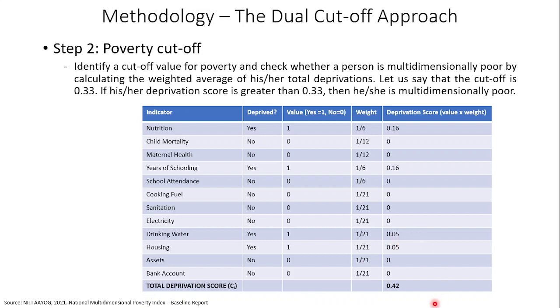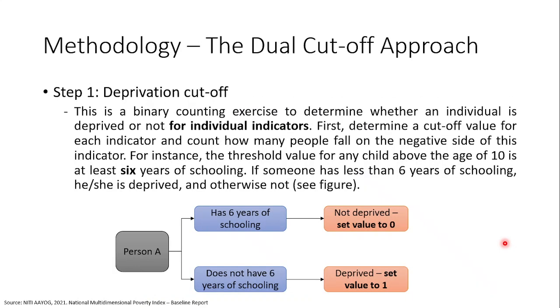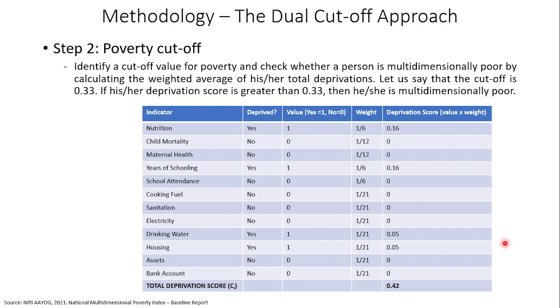Then, if a person is multidimensionally poor, I set the value to 1, using the same method as before. You do this for the entire table for each individual, setting the value to 1 if the score is above 0.33, otherwise 0. So now we are counting the number of people who are multidimensionally poor.